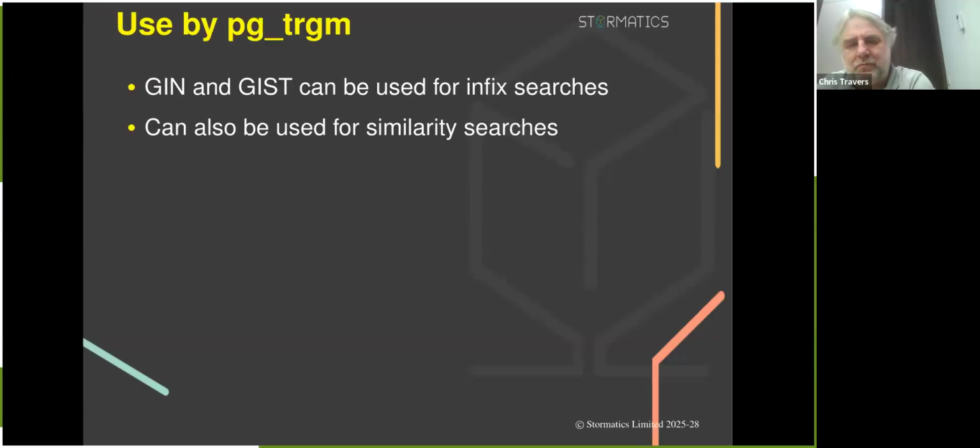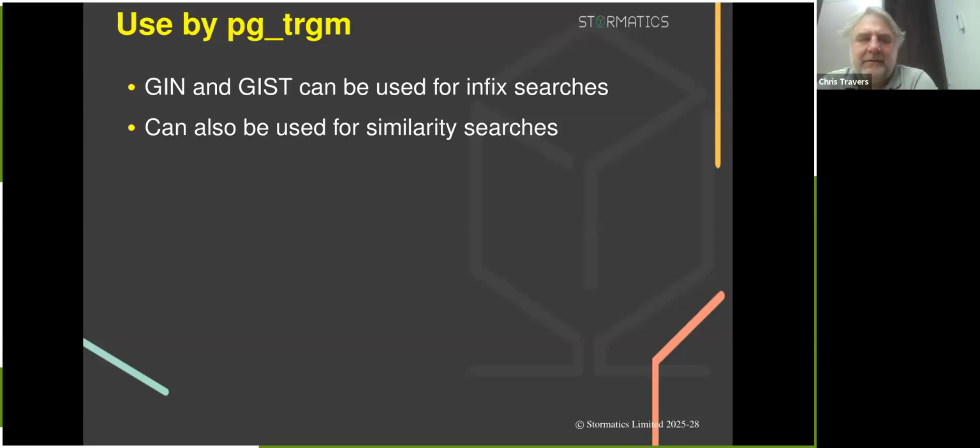Now, let's talk about the kind of query that everybody hates when it comes to indexing: infix searches. In other words, select such and such from text string where text like percent some string percent, right? You're searching for something in the middle of a string, and therefore B-trees will be absolutely of no help whatsoever.